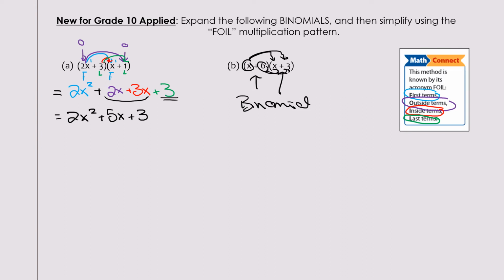You can use FOIL to remember that, or you can just do it one step at a time and you won't forget. So let's just try it. I'm going to do the first ones together. So these two first, the x is being multiplied by the x. X times x is x squared. Now I have to multiply the x by the 3. These are the outside terms. X times 3 is 3x, and it's positive.